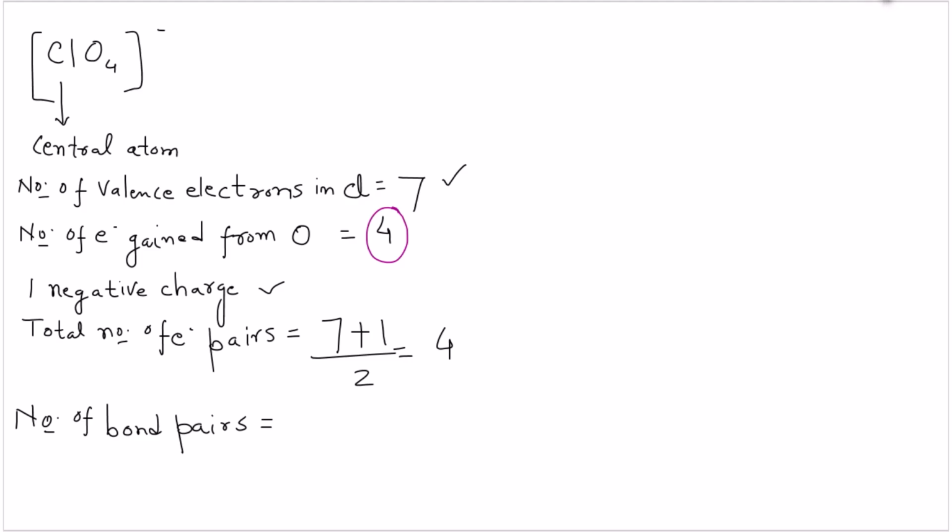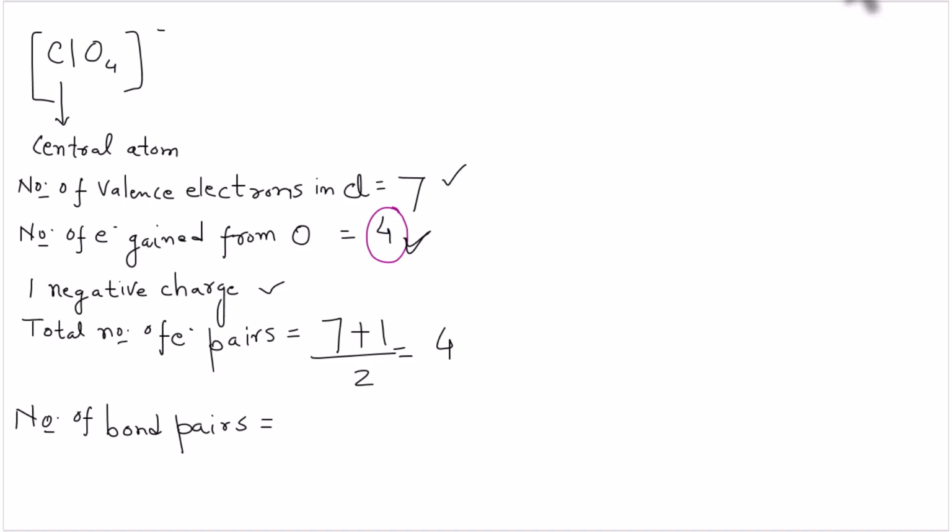Now, when we consider the bond pairs, obviously we will consider only the sigma bonded pairs. Okay, so if at all oxygen has double bonds for which we ignore the number of electrons gained from it, we consider only the sigma bonds. So even if oxygen has double bond, we will consider 1, 1, 1, 1 each. So 4 oxygens will give rise to 4 bond pairs.